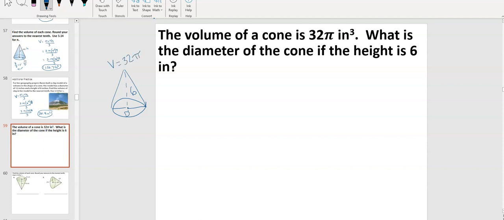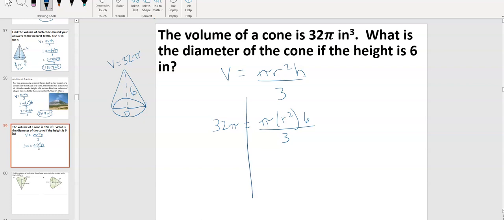So we're going to do the same thing we did for that cylinder. We're going to say, okay, volume is pi r squared times the height divided by 3. I know my volume, 32 times pi. I know pi is the same. I don't know my radius or diameter, but I know the height is 6, and I'm still going to divide by 3.